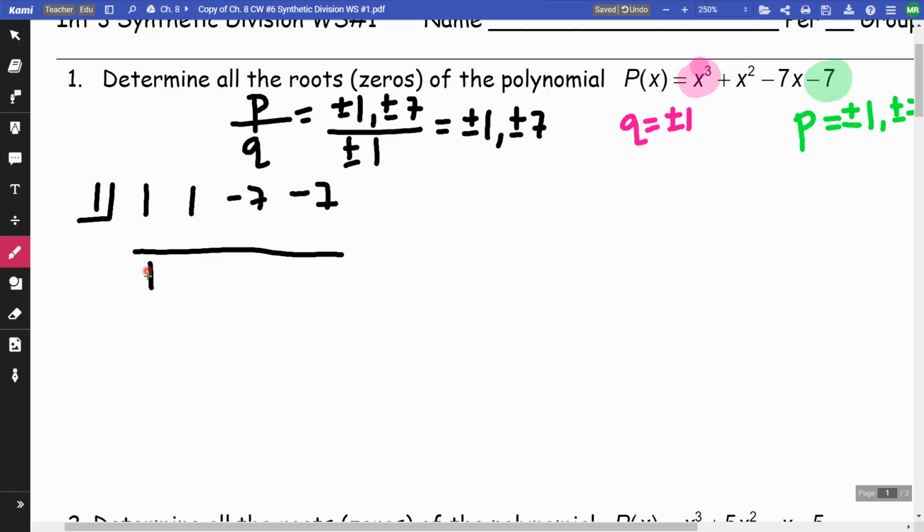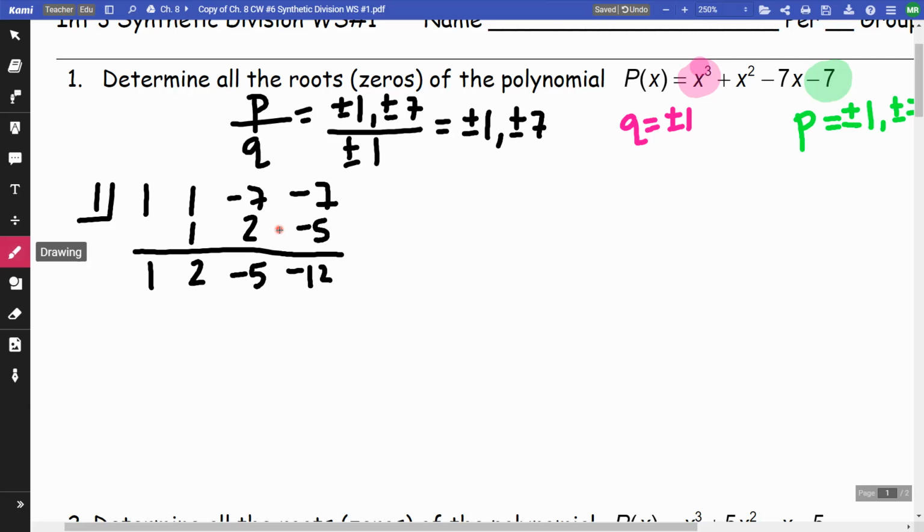Then I take 1 times 1, which is 1. I add and get 2. 2 times 1 is 2. I add these and get a negative 5. Negative 5 times 1 is negative 5. I add and get a negative 12.